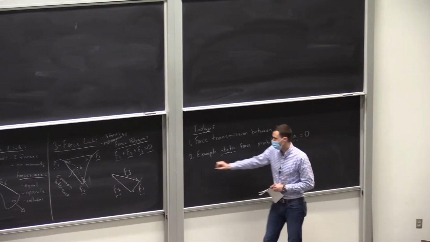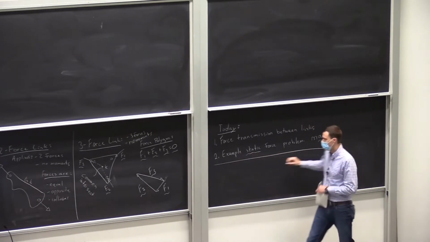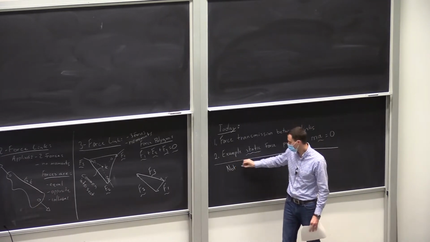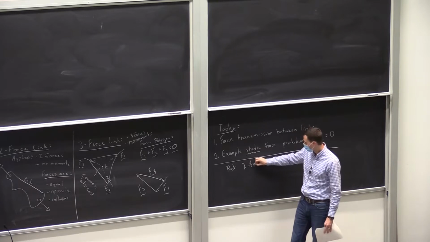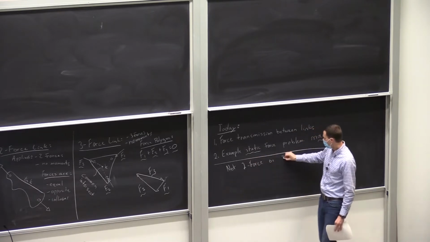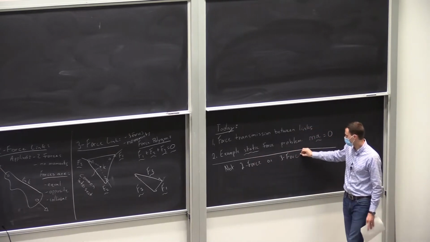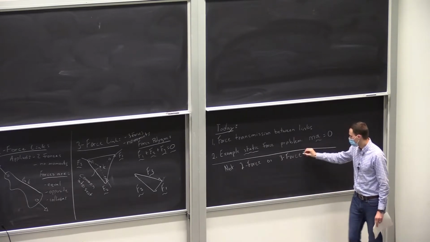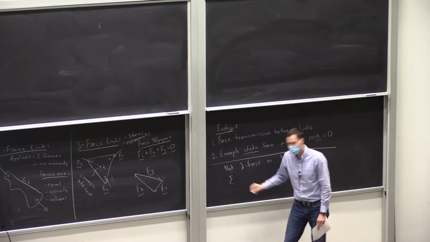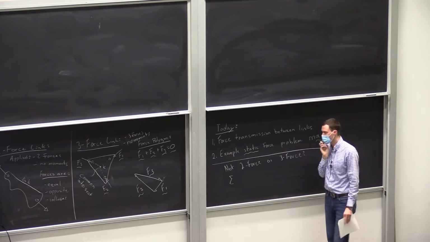If a link is not a two-force or three-force, then we're just going to have to draw our free body diagram, and we're going to rely on our three equilibrium equations.